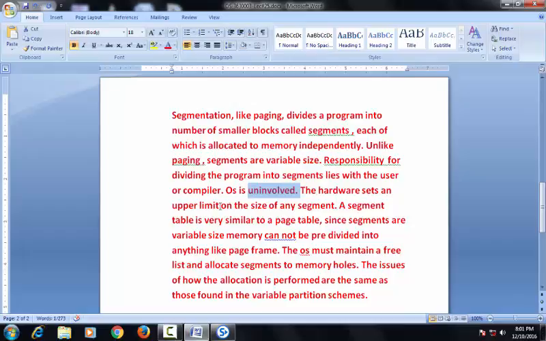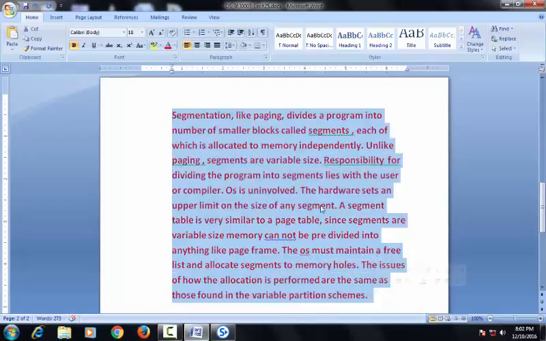The hardware sets an upper limit on the size of segments. A segment table is very similar to the page table. Since segments are variable size, memory cannot be pre-divided into anything like a page frame. The operating system must maintain a free list and allocate segments to memory holes. The issues of how the allocation is performed are the same as those found in the variable partition schemes.